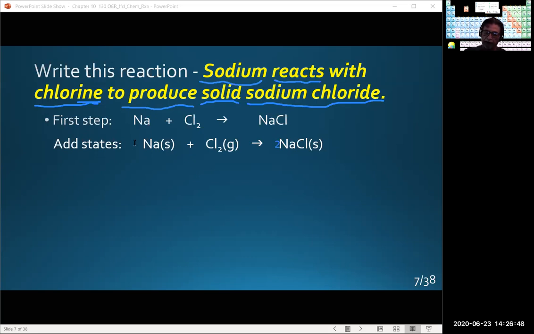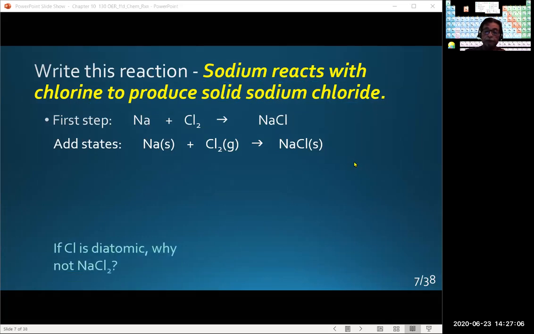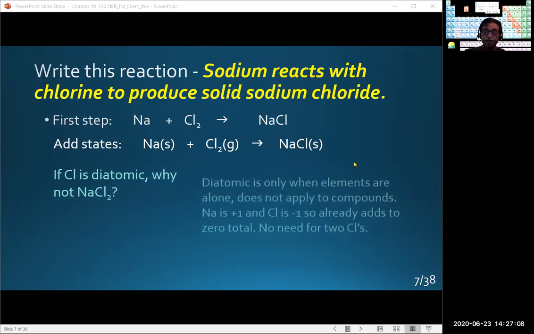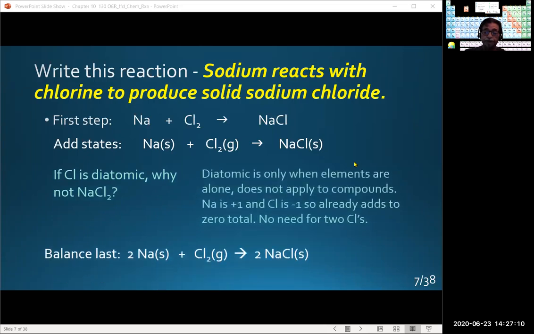So we come back to the reactants and put a 2 in front of sodium metal. You can see what I did there. Now we have a balanced chemical reaction: 2 sodium and 1 chlorine to give us 2 sodium chloride.